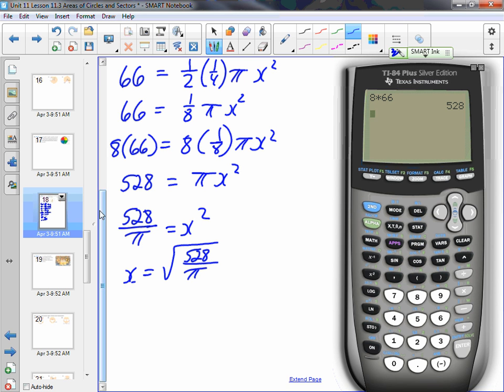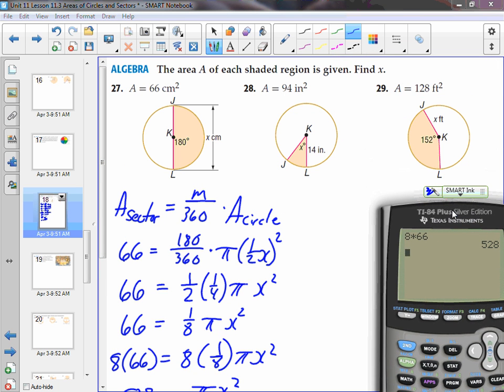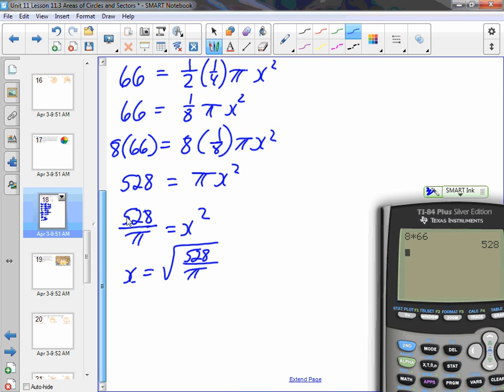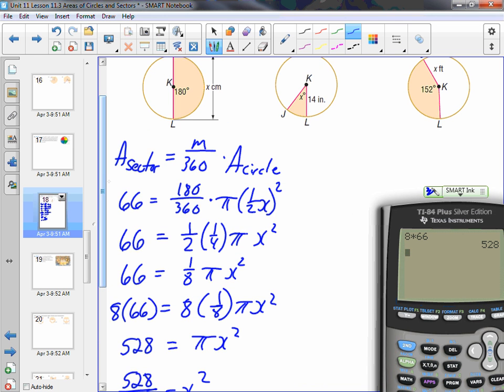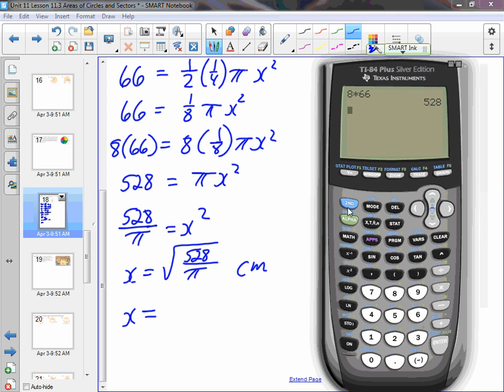The directions don't tell us whether we're supposed to round it or not. They don't say find the exact answer for x. They don't say round it to the nearest tenth. So there's our exact answer. What's our unit here? Centimeters. And then they've been asking us for the nearest tenth, so we'll give them that too. So the square root of 528 divided by pi.